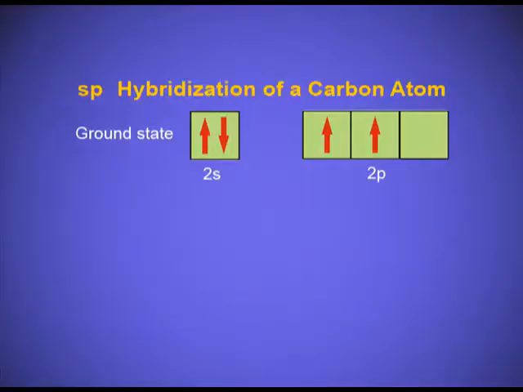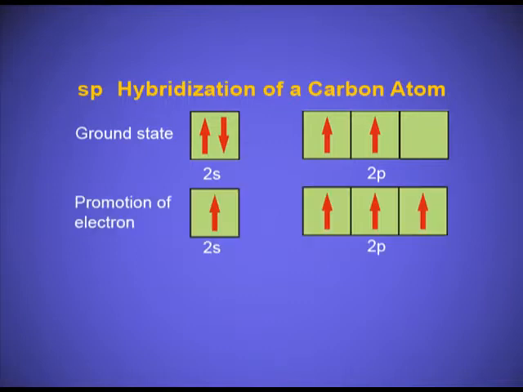So the electron from the 2s orbital will get excited to the vacant 2p orbital. Ground state: 2 electrons in the 2s orbital and 2 electrons in the 2p orbital. Promotion of electron: 1 electron from the 2s orbital is promoted to the 2p orbital, which was vacant in the ground state.